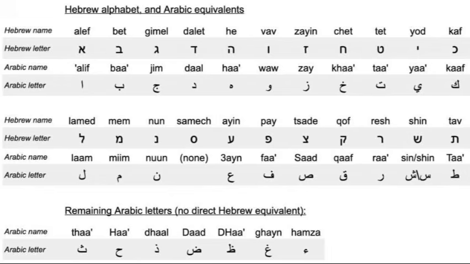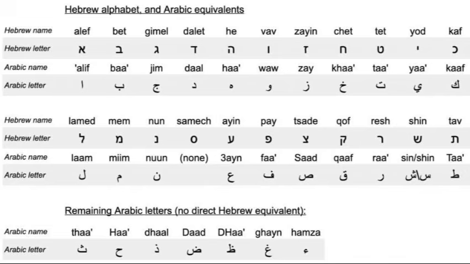Now, you can see here that if we compare the Hebrew alphabet with the Arabic, you find that there are 21 consonants that are equivalent to each other. So, for example, Aleph and Bet in the Hebrew language, the first two, line up with Alif and Ba.